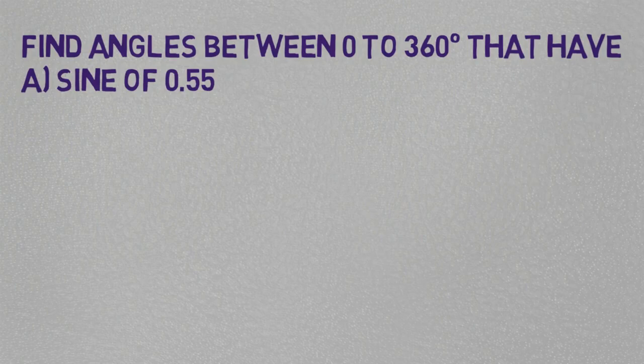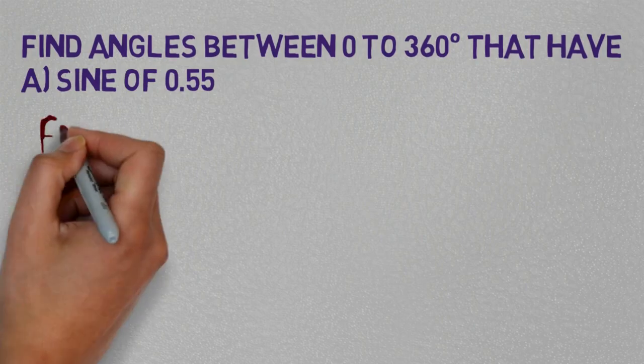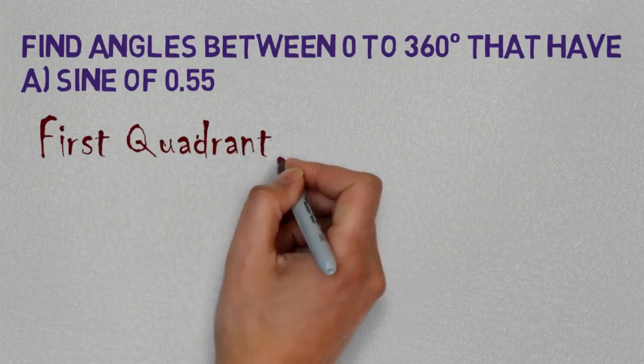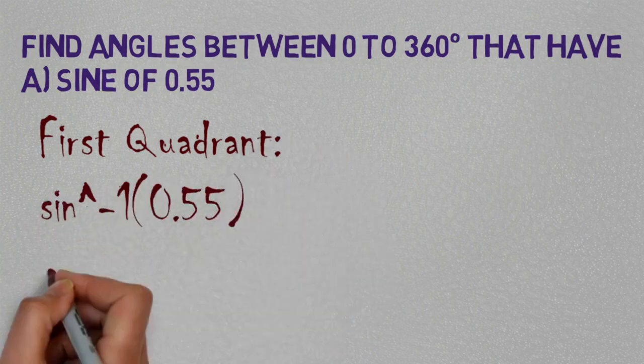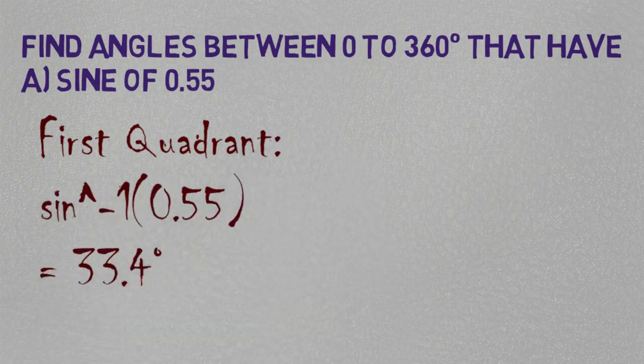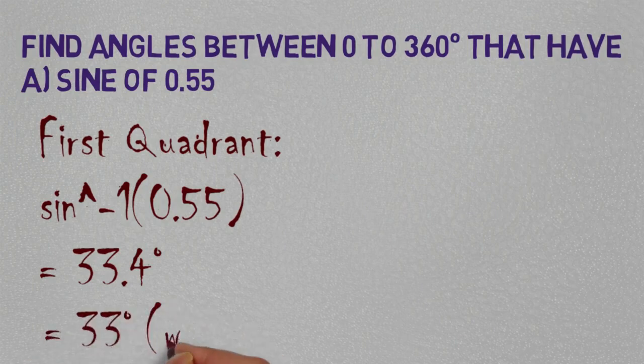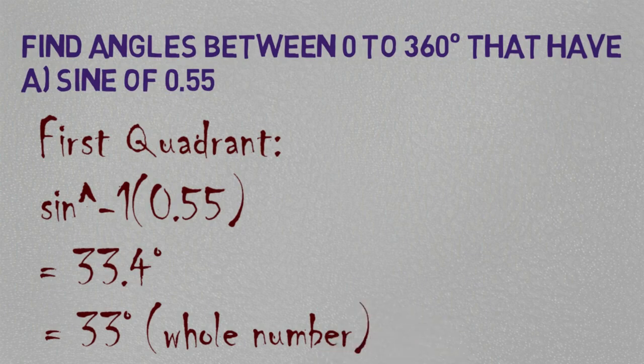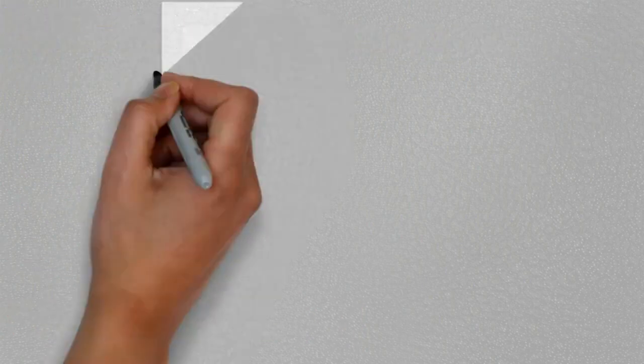We can find the first value in the first quadrant as sine inverse of 0.55, which will give me 33.4. Usually they specify it to one decimal place, but for simplicity at first, let's use a whole number. So 33 degrees. Now we want to find the value in the second quadrant.